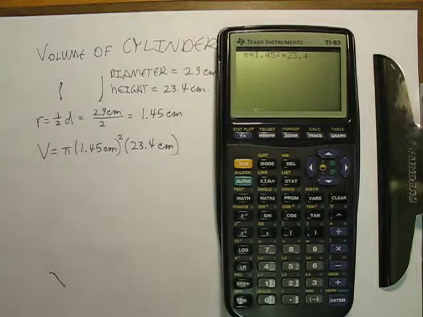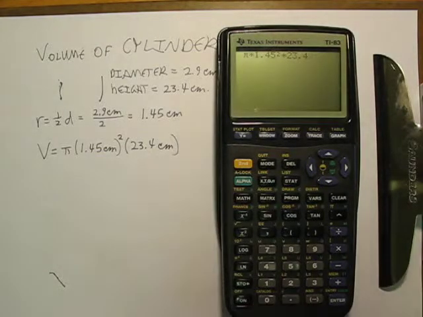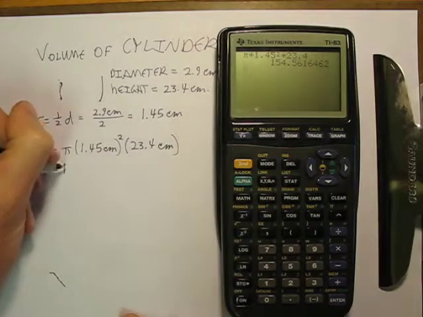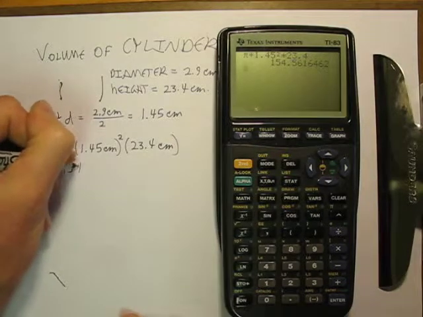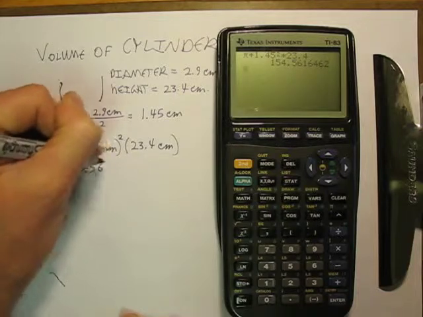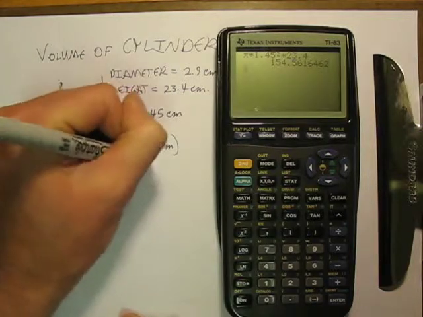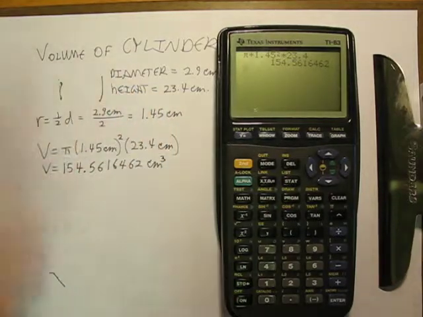Now here's what I want you to do with these calculators: always just put everything on one line if at all possible. It makes it so much easier for me to check your work later. Okay, so we're going to say that the volume is 154.56164662 centimeters cubed.